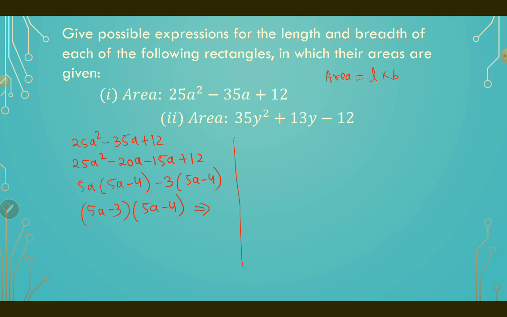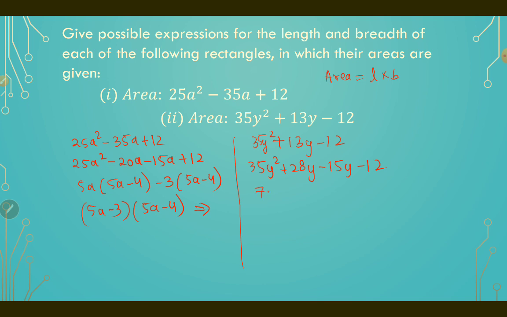And for the second one, again we have to do by splitting the middle term. So the values are plus 28y − 15y − 12.